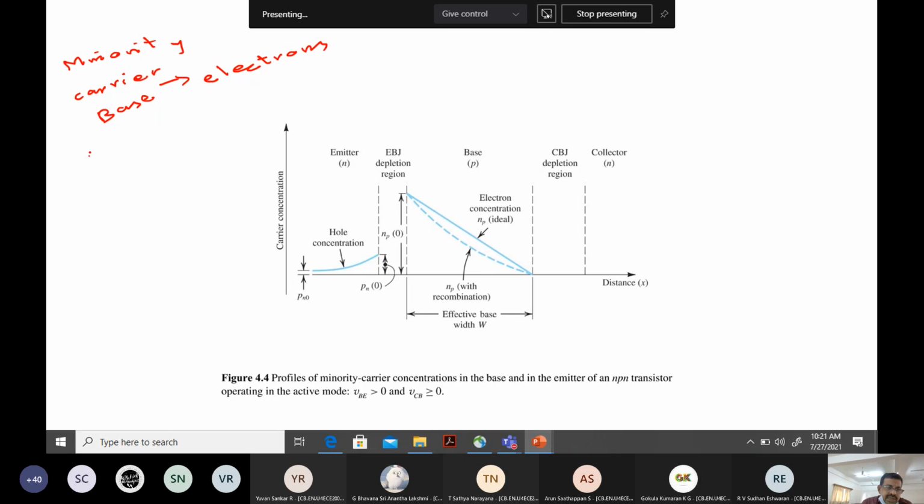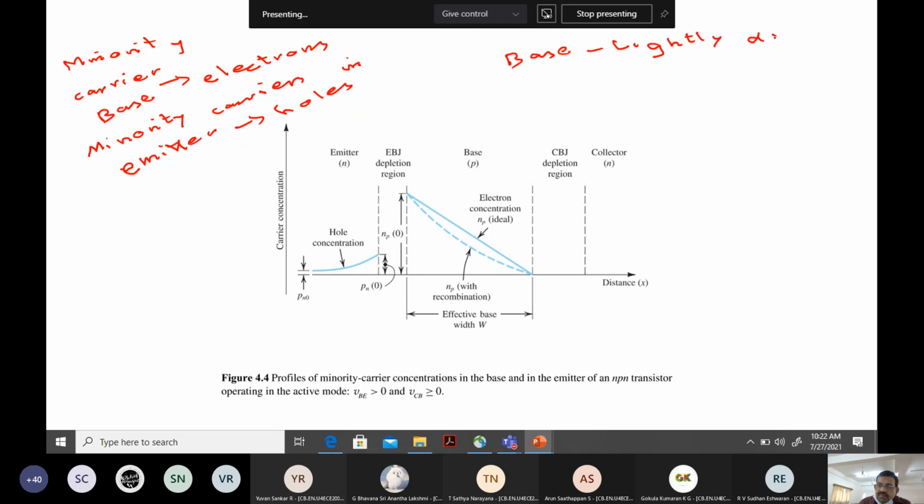And the minority carrier in the emitter is holes. Now, we have already discussed the fact that the base is lightly doped and the emitter is heavily doped.